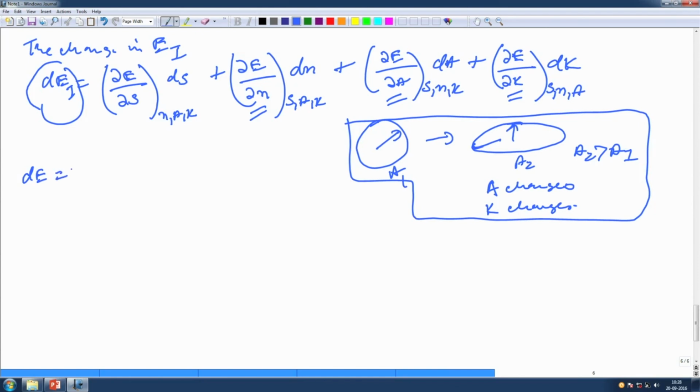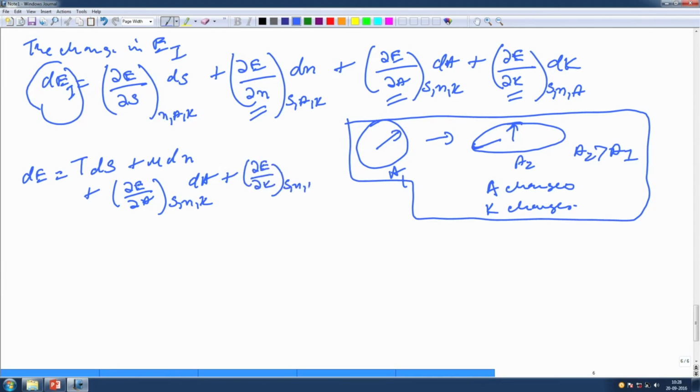So, this dE, I am just dropping the I for the time being, for ease of writing. This is TdS, of course, where T you know is temperature, plus mu dN, where mu you know is the chemical potential, plus the derivative of E with respect to A at constant S, N, K times dA, plus the derivative of E with respect to K at constant S, N, A times dK.